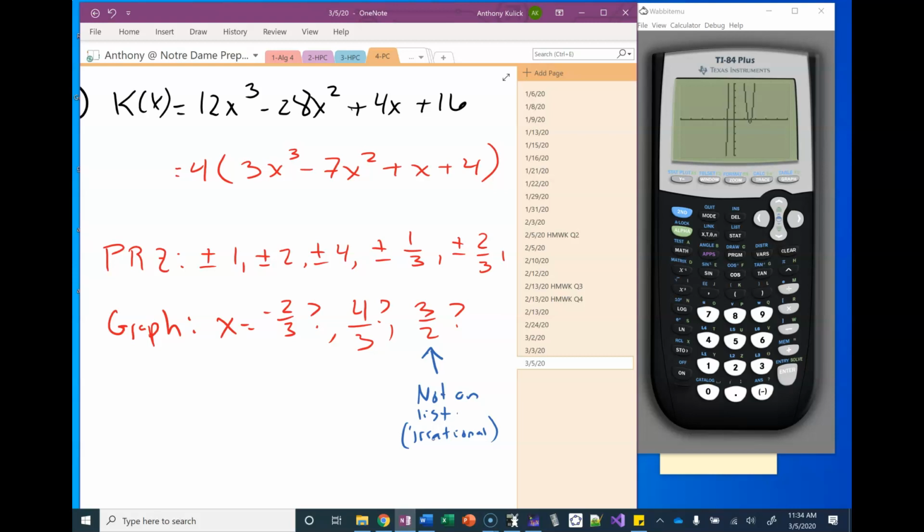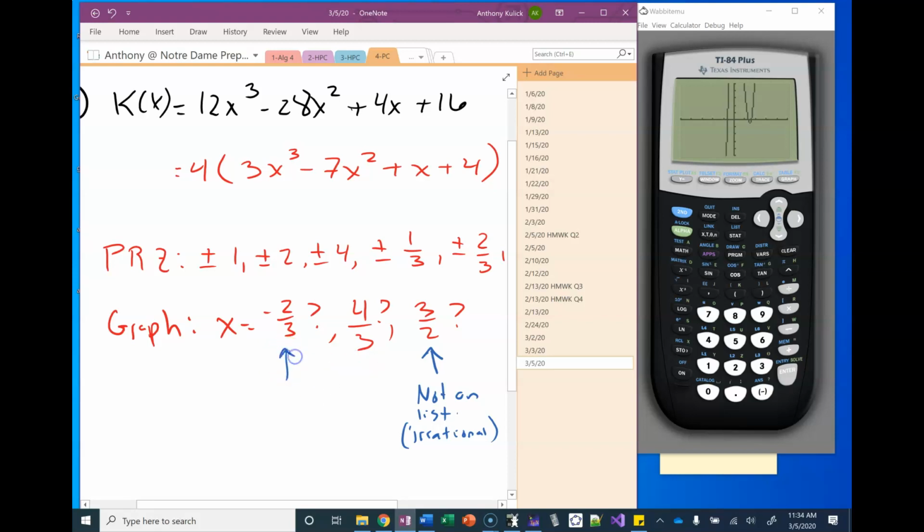In addition, I also know that irrational solutions come in pairs, so they're never by themselves. So there's going to be another irrational solution among these two.